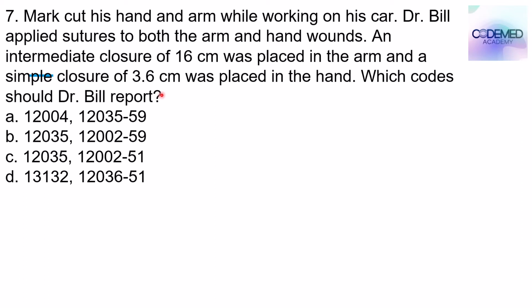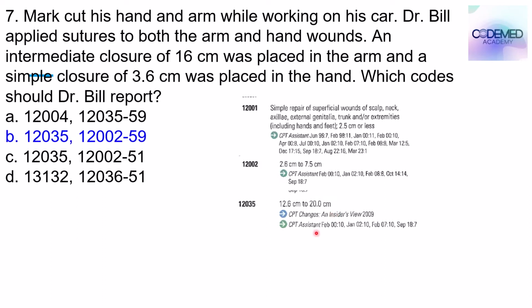So we cannot add those wounds together because the classification of the wound is different: one is intermediate, one is simple. And we have a guideline that whenever you are coding for two different repairs, we have to use the modifier 59. Okay, so we have enough clues. Now we need to zero down our answer. So yes, answer B is the correct answer, because here there are two types of repair that have happened.